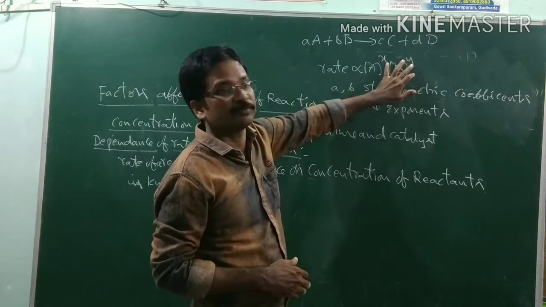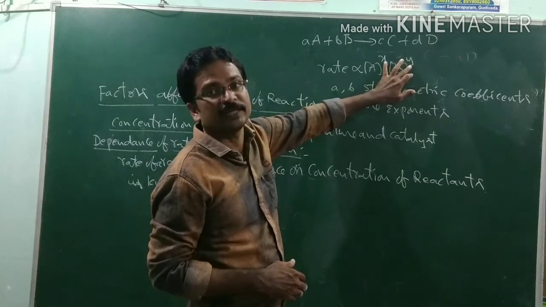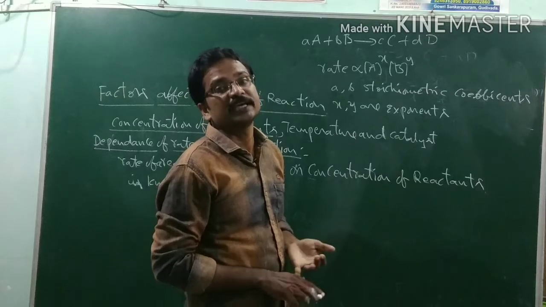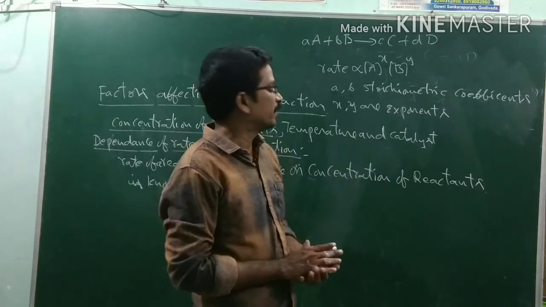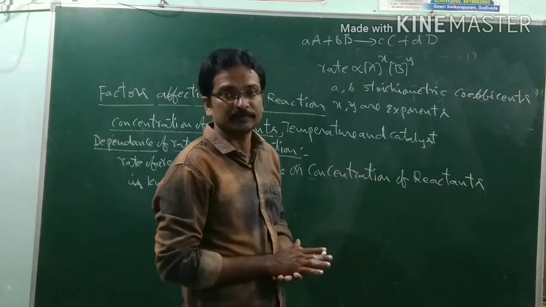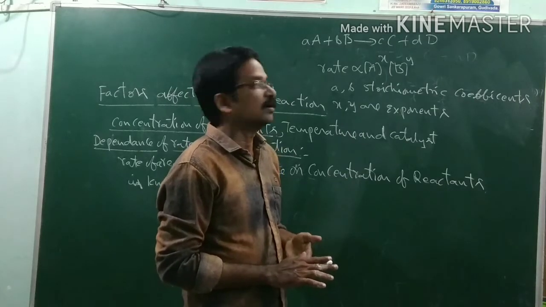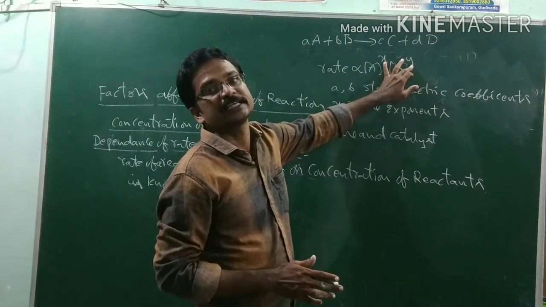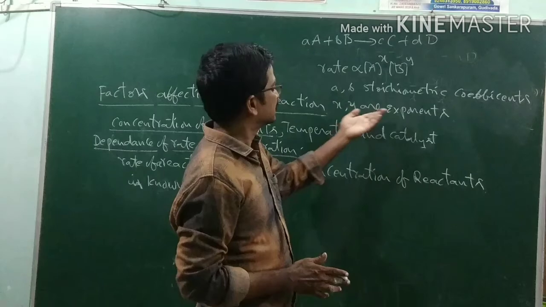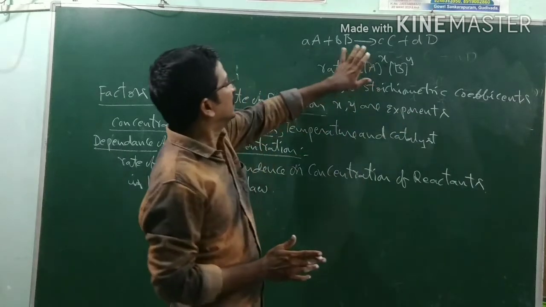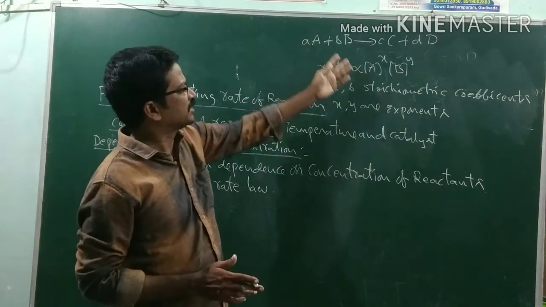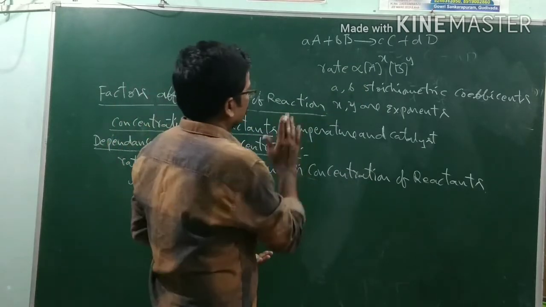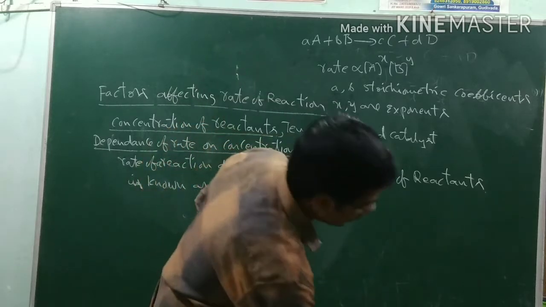You may see it from the next example, how to find out the exponents X and Y. In this equation, X and Y are exponents and A and B are stoichiometric coefficients.